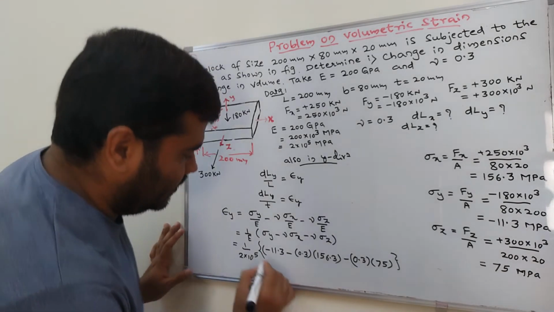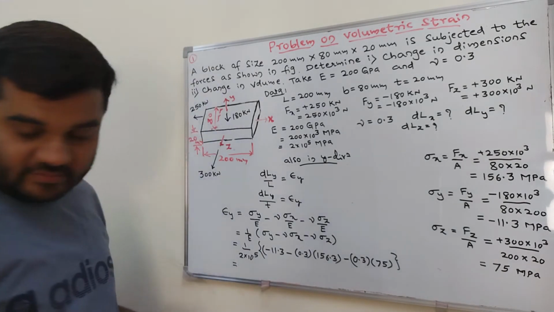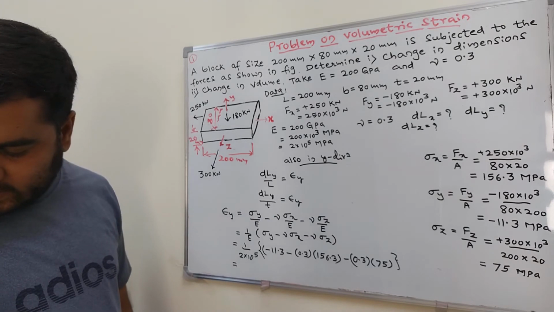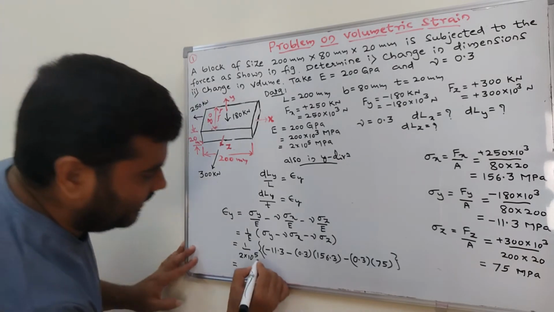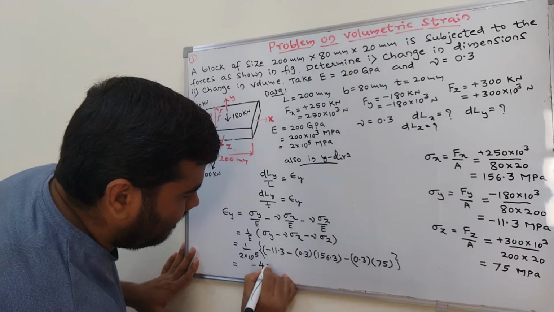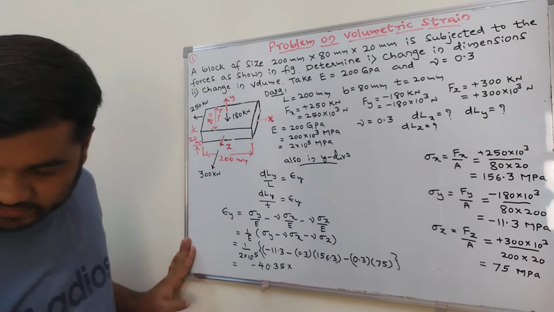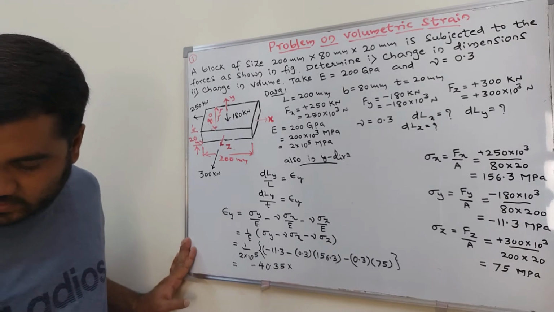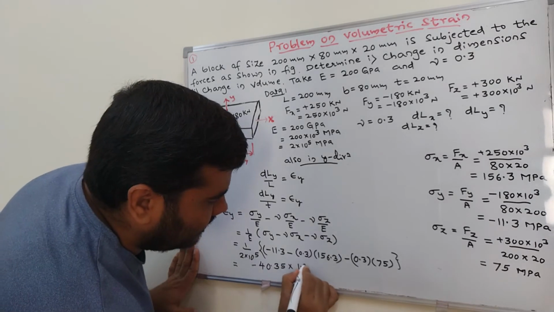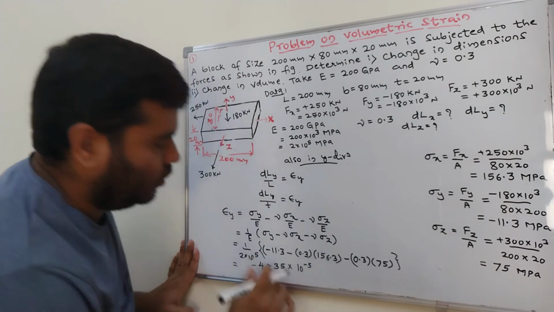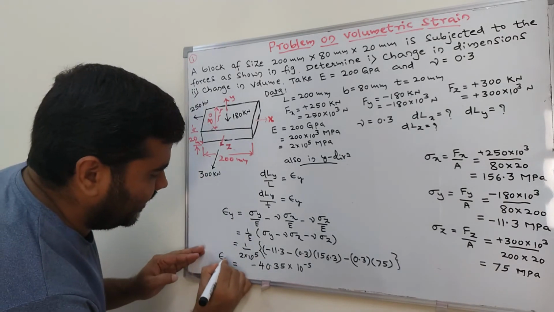After calculation, strain in y direction is minus 40.35 into 10 raised to minus 5. No unit.